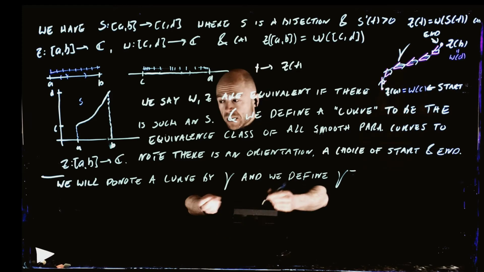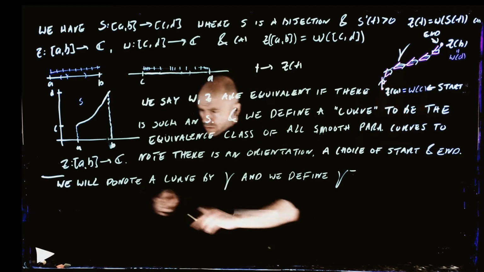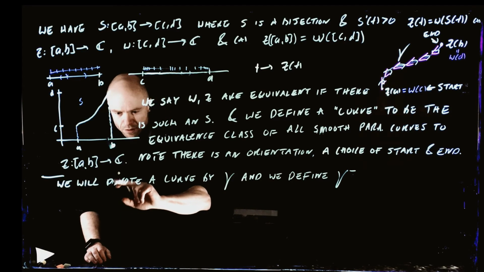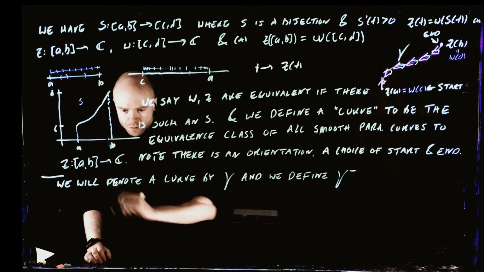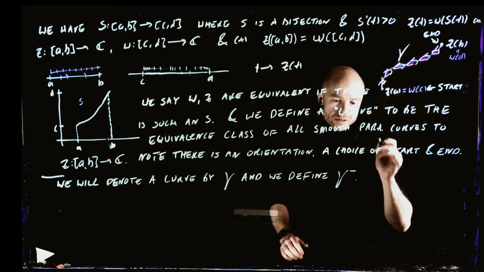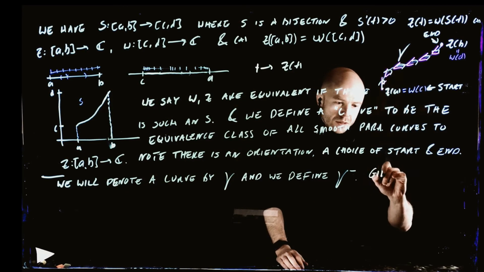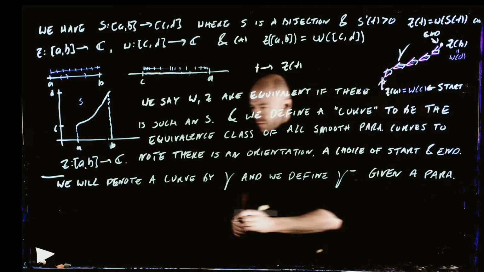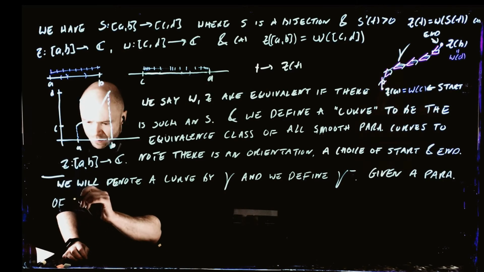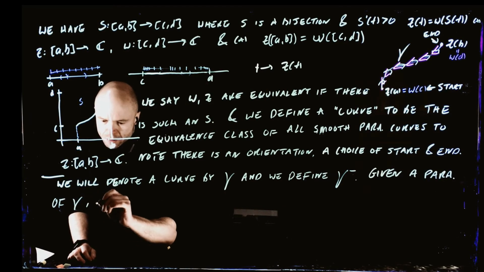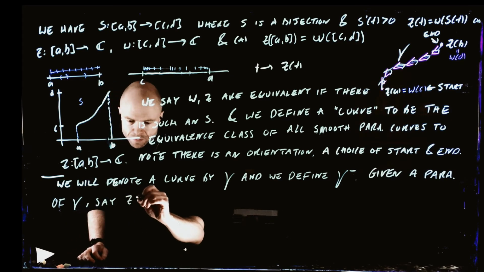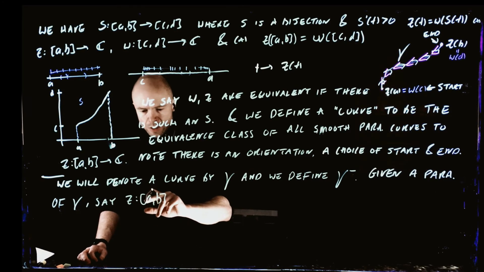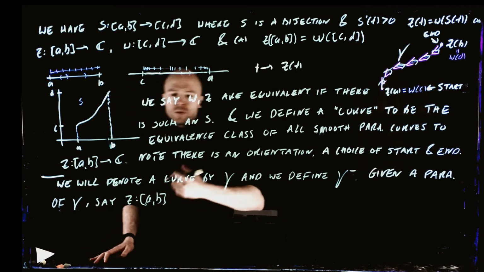And then formally, how do we get to such a thing? How do we define such a thing? So given a parametrization of a curve, let's call it Z. Just for generality, I'm going to take Z from the interval A to B, but I can always take Z to be from 0 to 1, right?